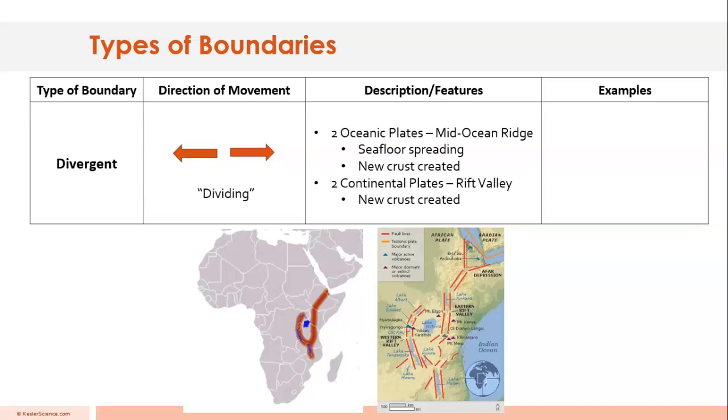But when it's two continental plates, new crust is also created, and a Rift Valley forms. Our examples would be the Mid-Atlantic Ridge, if we're talking about oceanic plates, and the Great Rift Valley in Africa, if we're talking about continental plates. Again, go ahead and pause your video if you need to fill this in.